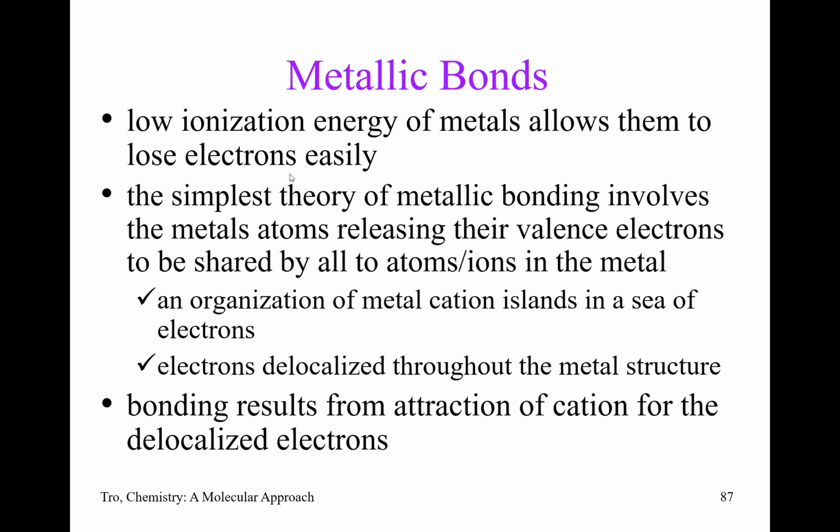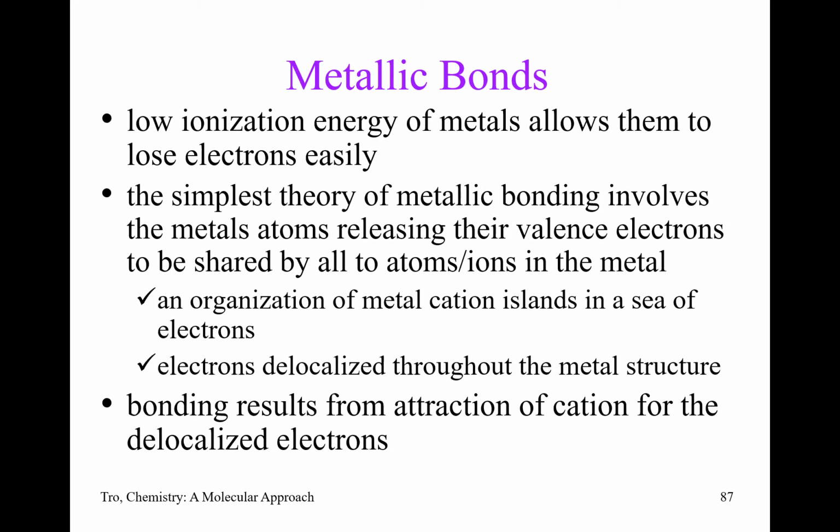Okay, so just revisit a few things with metals, right? They generally have pretty low ionization energy, which means they want to lose electrons pretty easily, which makes sense because they conduct electricity. So if they're conducting electricity, the electrons must be moving.